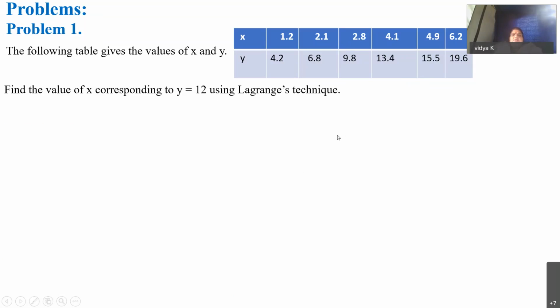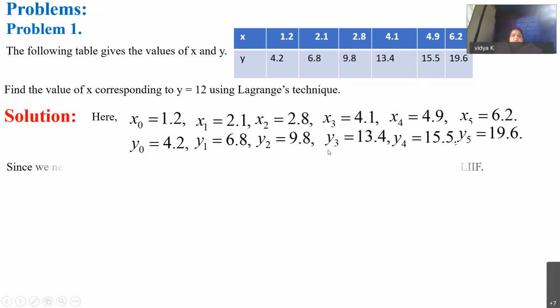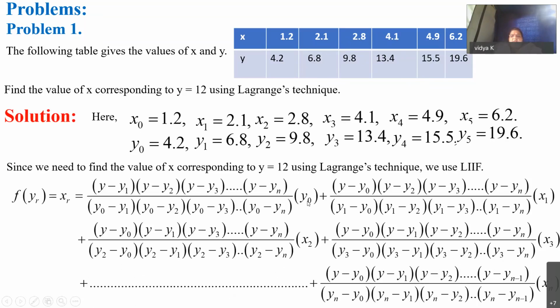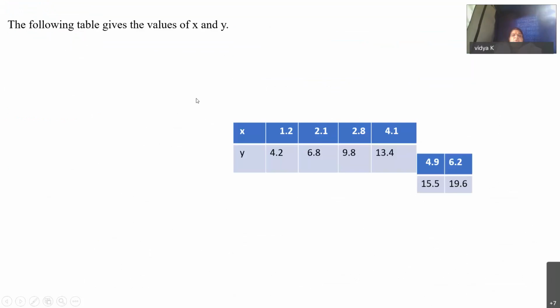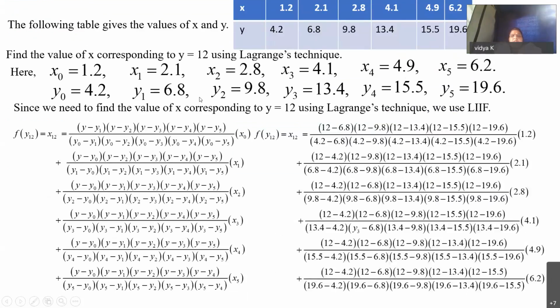Okay. So, since you need the value of x for y, I have to prefer Lagrange's technique, that is Lagrange's inverse interpolation formula. Here also it is better to give the notations. Then prefer the inverse interpolation formula. Here it is x naught, not y naught. Then I constrained it to y5, then x naught.